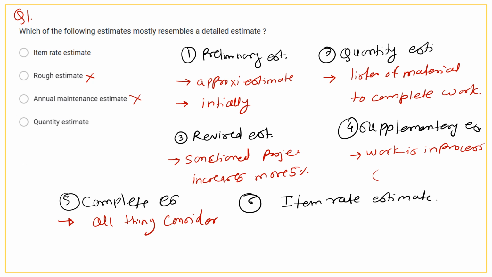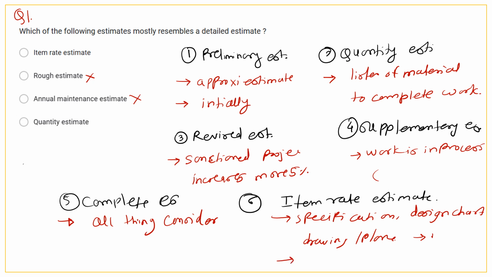In case of item rate estimate, specification, then design charts, drawings or plans, each and everything is mentioned in this estimate, and this item rate estimate resembles the detailed estimate.